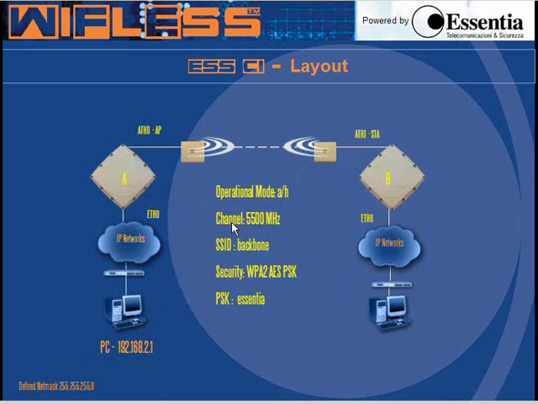The channel that will be used is 5.5 GHz. The SSID will be backbone, and the security WPA2, AES, PSK, and the PSK will be essential. On the radio 0 of the side A device, we will create an access point, and on the radio 1 of the B device, we will create a station.